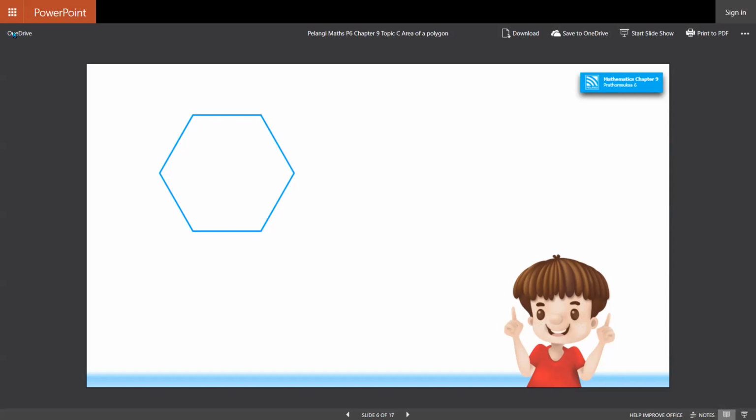Okay. Chio, can you tell me what's the name of this polygon here? Hexagon. Hexagon, that is very correct. Okay, so we have a hexagon. Please, if you cannot say the names of the polygons from 3, that's triangle, to 10, that is decagon, you can talk to me about it.